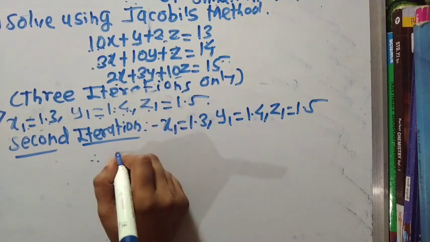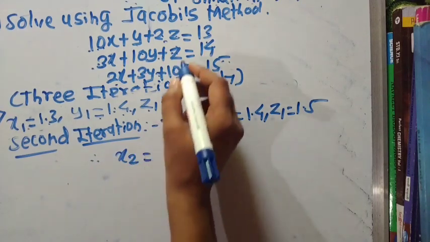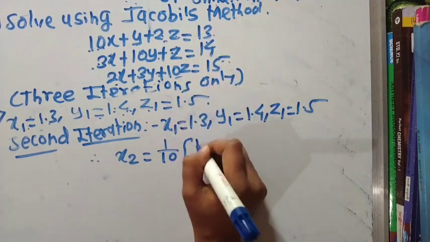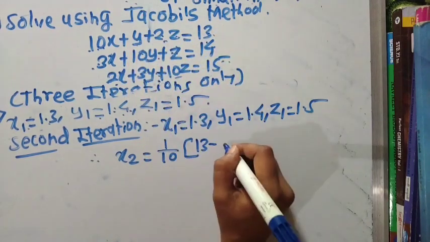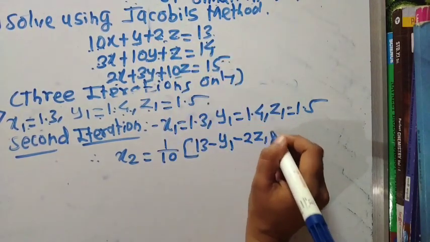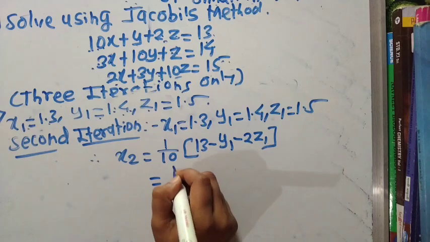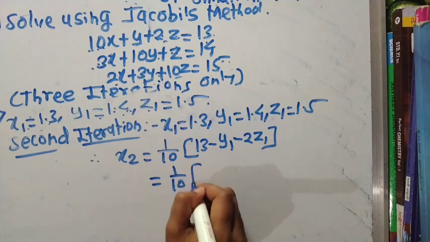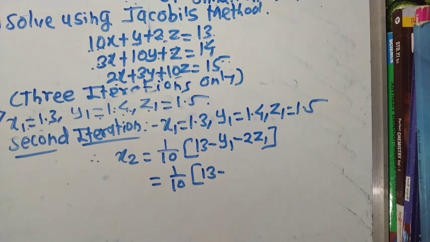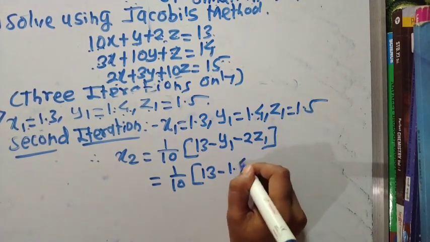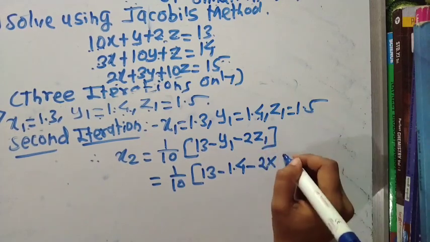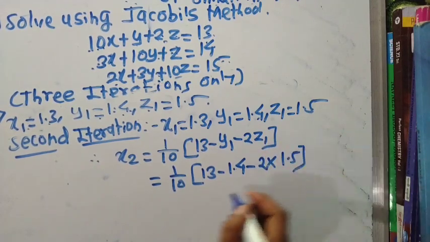So first find out x2, which is equal to 1 divided by 10, 13 minus y1 minus 2z1, which is equal to 1 divided by 10, 13 minus y1 is 1.4 minus 2 into z1 is 1.5.